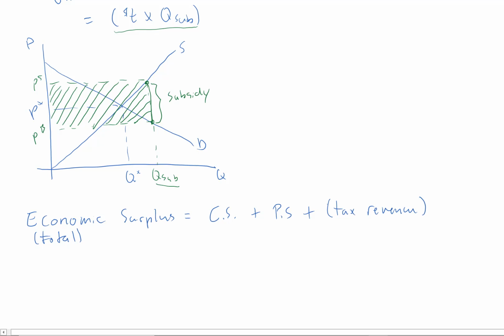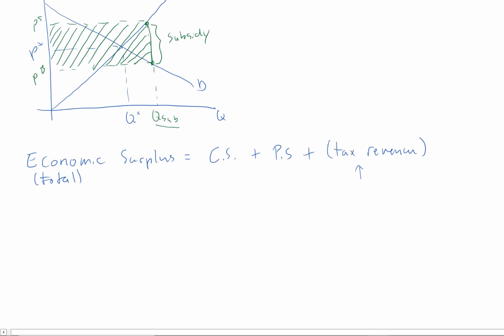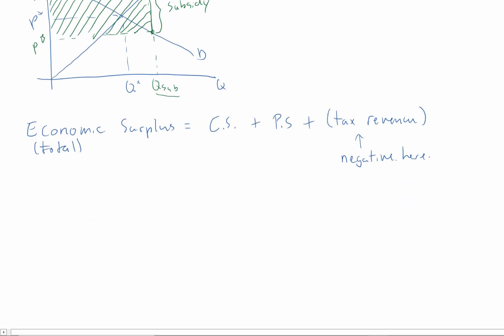In this case, this is negative because it's government spending. So in essence, what we're doing is consumer surplus plus producer surplus minus government spending that we just calculated.